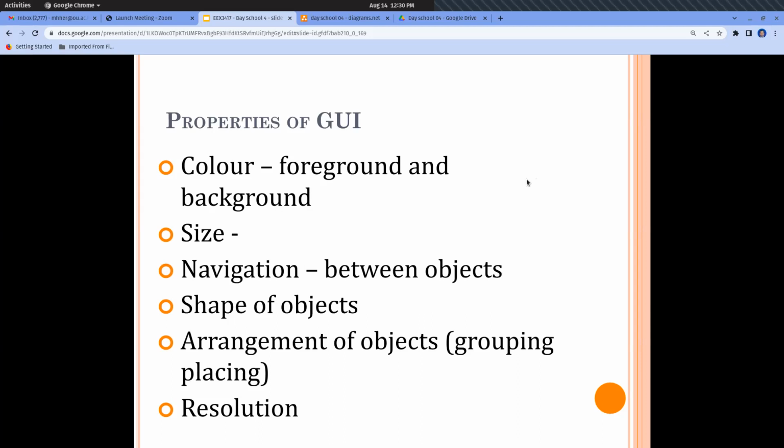If the text color is black and the background is dark blue, you can't see it clearly. But if the text color is black and the background is white, you can see it clearly.